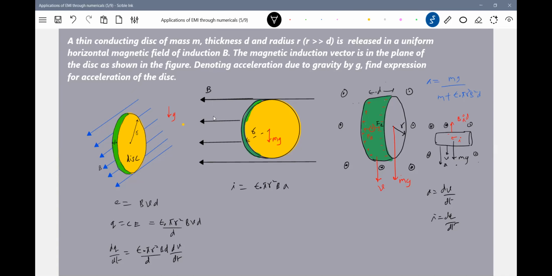You have to treat it in this way here. So what is the net? mg minus BId equals ma. B into epsilon naught pi r square B a d equals ma. Solving for this, a equals g by, mg will be there, so m plus epsilon naught pi r square B square d.